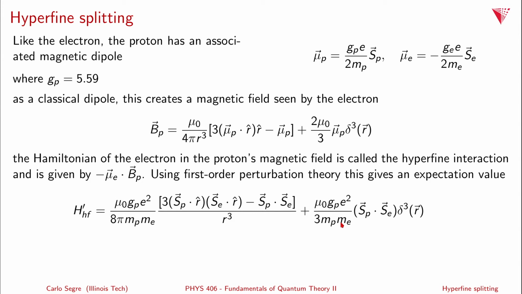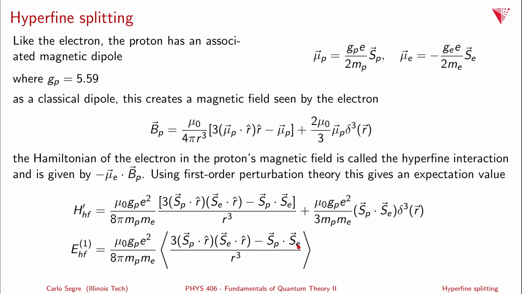If we use first order perturbation theory, this gives an expectation value which is as follows. The hyperfine perturbation energy is then mu sub 0 g sub p e squared over 8 pi m sub p m sub e times the expectation value. Remember, it's first order perturbation theory, so you just take the expectation value of the Hamiltonian: 3 times S sub p dot r hat times S sub e dot r hat minus S sub p dot S sub e, over r cubed.